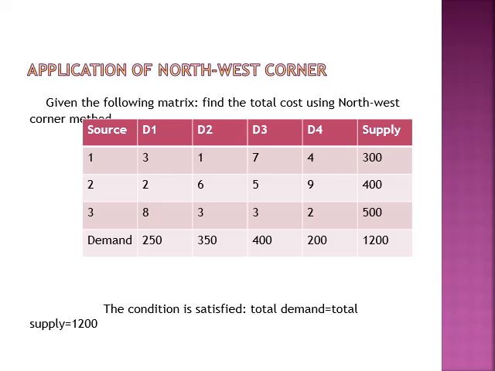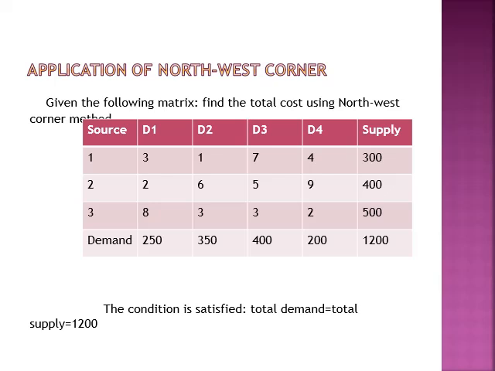Production center 3 has a stock of 500 units. Now marketing center D1 requires 250 units.